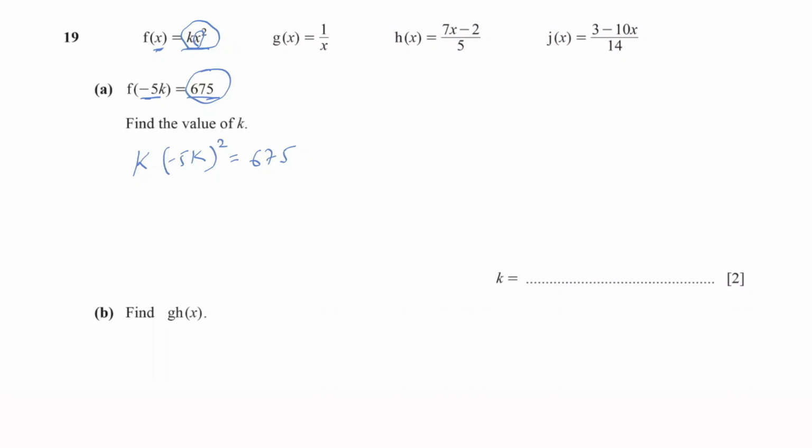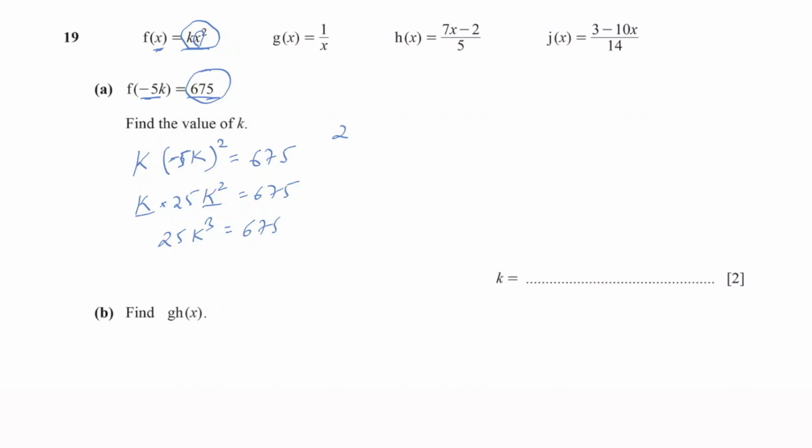This is equal to k into 25, because 5 times 5 is 25 and the minus sign goes away because of the square. k into k squared is k cubed, so 25 k cubed equals 675.